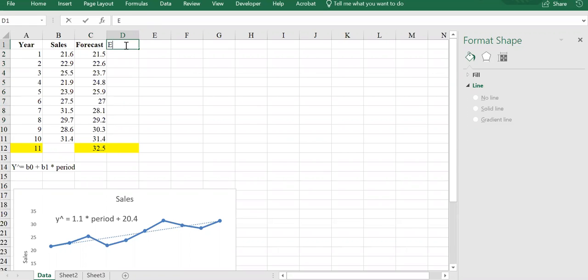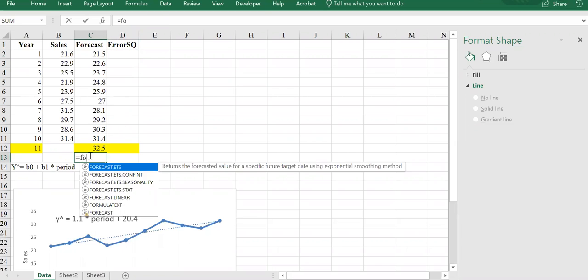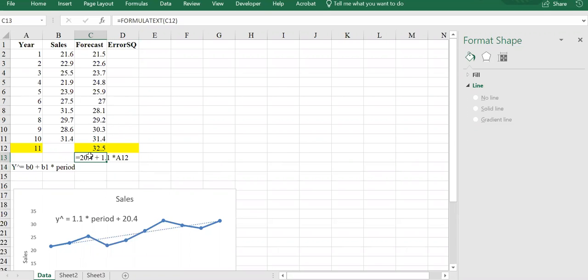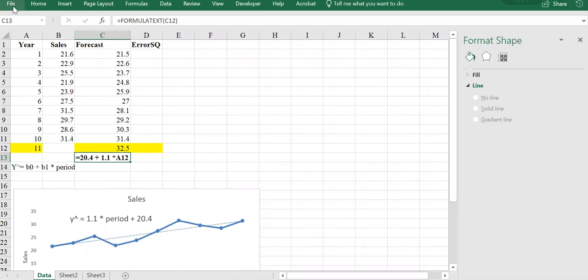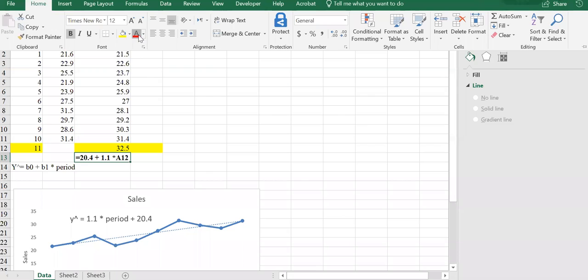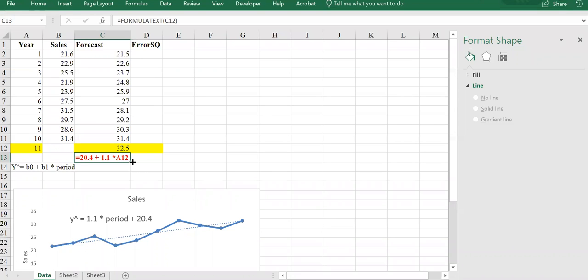And from here, if you're doing it for MSE, you need to get error squared. Let me just show you the formula again that I'm using for forecast. All right.